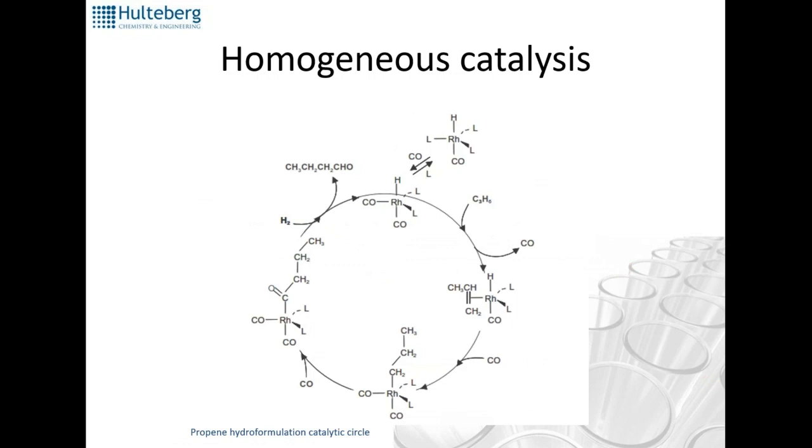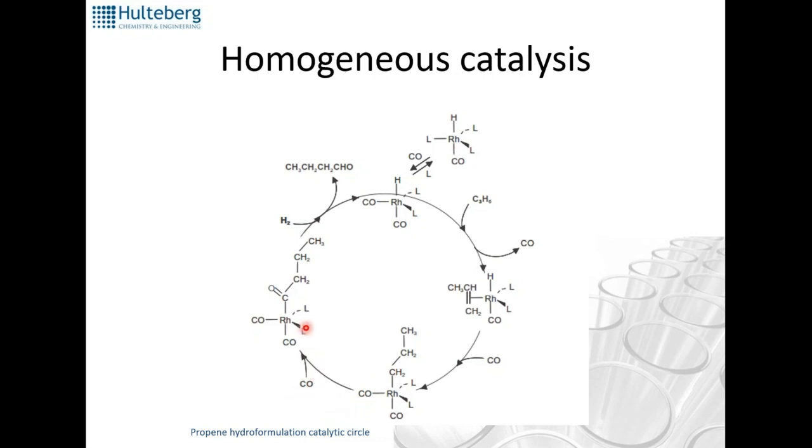So here is the oxo reaction, a hydroformylation of propene. We start with a rhodium complex. We have ligands, and we have CO. CO coordinates to the rhodium. We add the propylene. We lose one CO in the process. We end up with propylene here. Add another CO, which forces the rhodium to transfer into the double bond here.